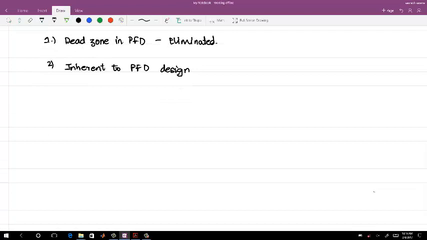In the 3-state PFD which we have seen, let me mark here, this is the R signal and this is the V signal.